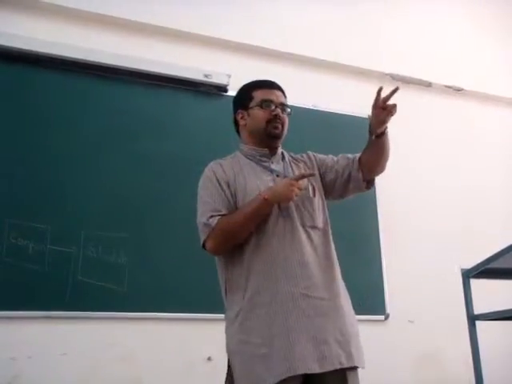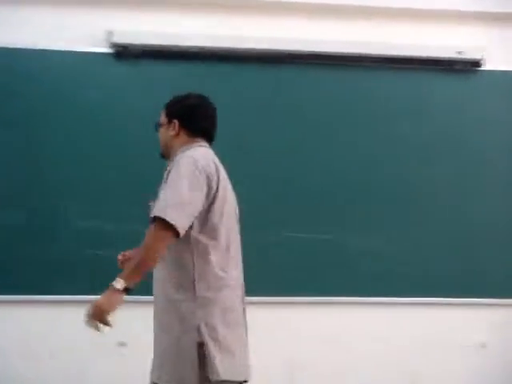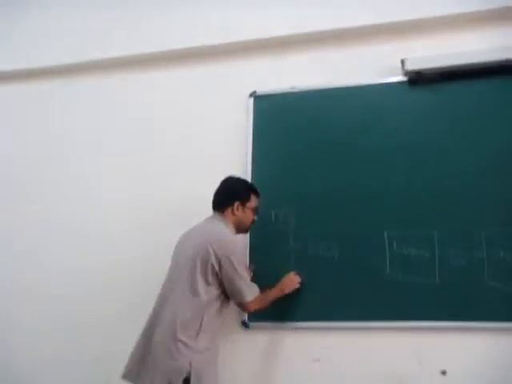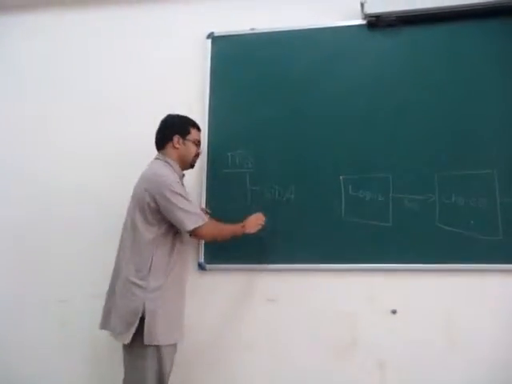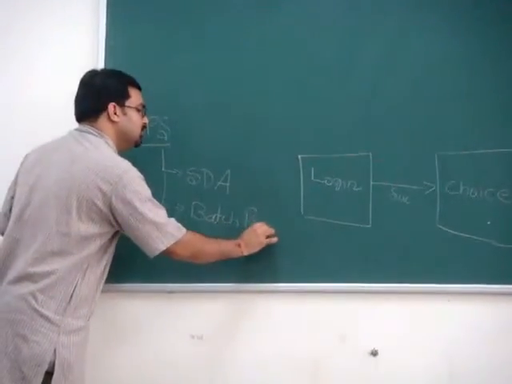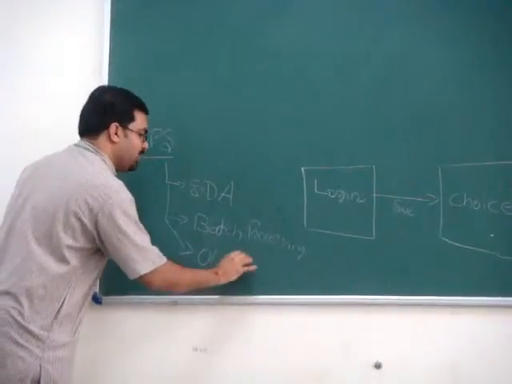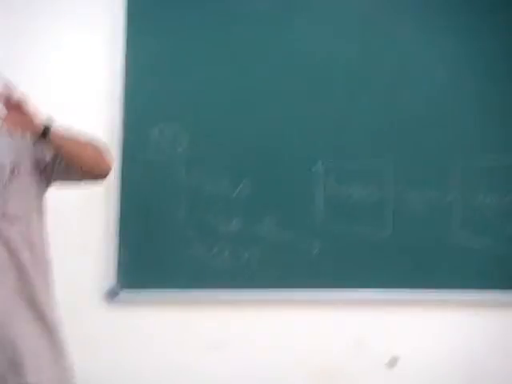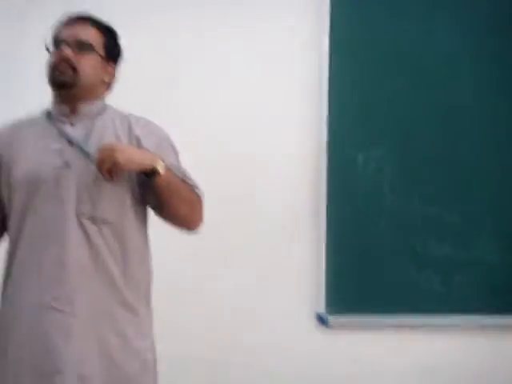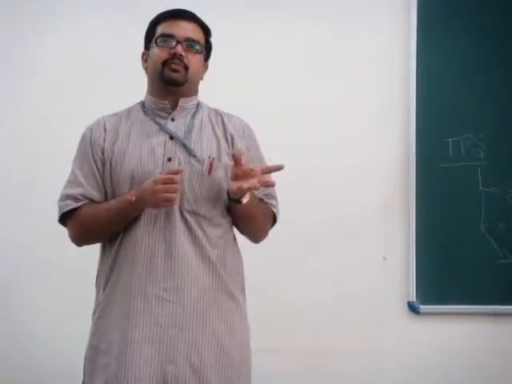There are two possibilities. Those are called transaction processing system. There are two choices for source data, and there are two choices for processing. One is called batch processing. Other is called OLTP, online transaction processing. Again, if you want a banking scenario, this exists.